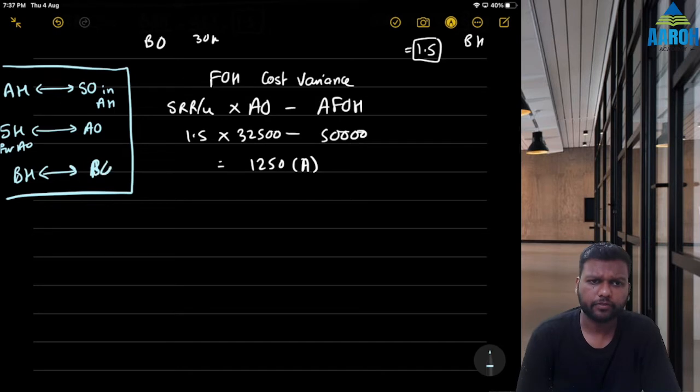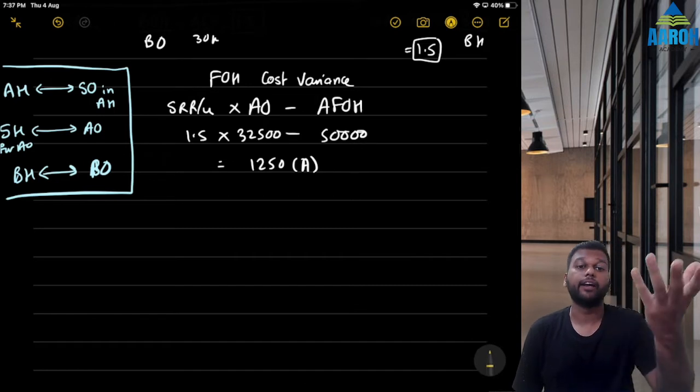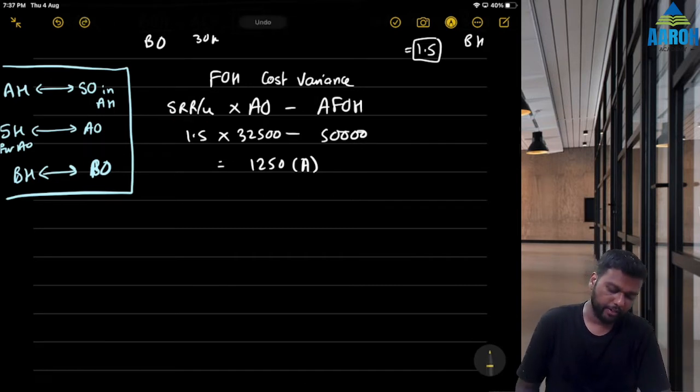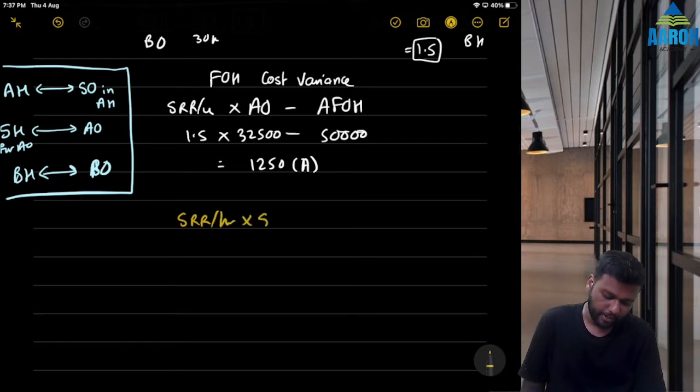Okay. Fine. So using this, we can convert this formula to another angle now. SRR per unit, we can write it as SRR per hour into actual output will become standard hours. Actual will become standard, output will become hours. So standard hours for actual output minus actual fixed overheads.